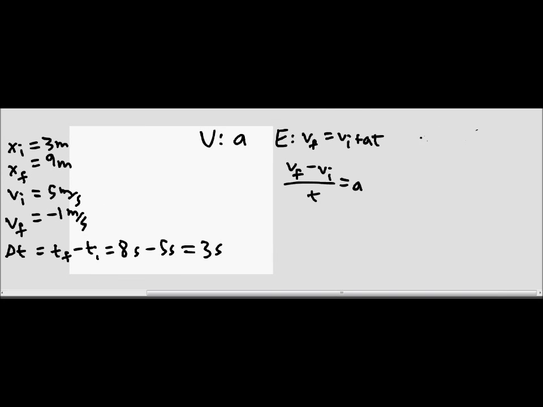The second way that we can solve this is by using the equation velocity final squared is equal to the initial velocity squared plus 2 times the acceleration times the change in x. When we want to isolate the acceleration, we have the velocity final squared minus the velocity initial squared, divided by 2 times the change in x, or the x final minus the x initial. And that is equal to acceleration.